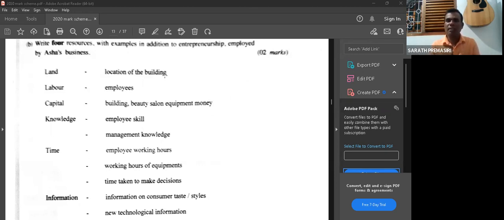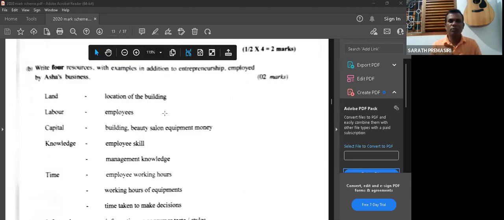We have already discussed what they are: land, labor, capital, entrepreneurship, time, knowledge, information. Can you remember these are the factors of production, or business resources?